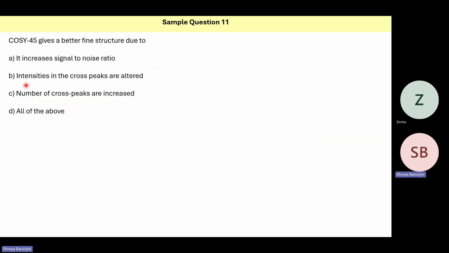The next question is asking that COSY 45 gives a better fine structure due to what?